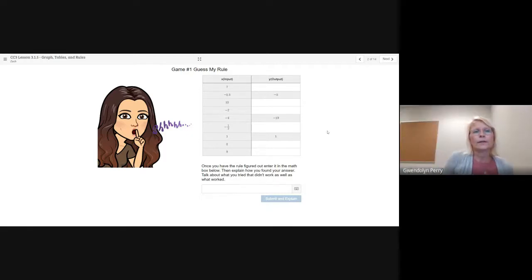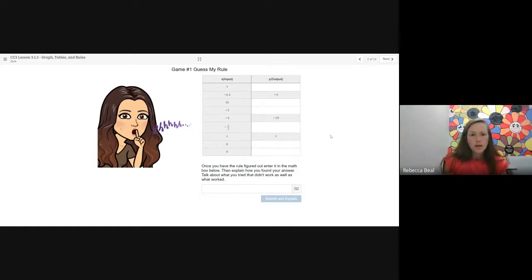Anyone willing to read this slide? I can. Game number 1, guess my rule. It looks like there's a table with numbers on the left side, the X value, but not the Y. Once you have the rule figured out, enter it in the math box below. Then explain how you found your answer. Talk about what you tried that didn't work as well as what worked.